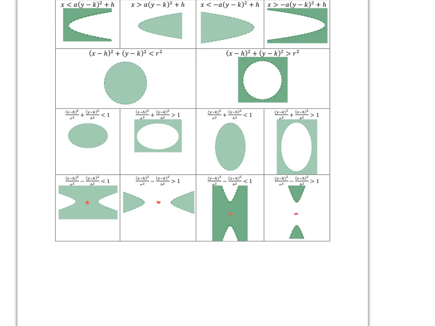So whenever it's less than, you're going to shade where the center is. And whenever it's greater than, you're going to shade where the foci are. And remember, the hyperbolas like to eat the foci. So less than, you shade the center. Greater than, you shade where the foci are on the inside of those double parabolas.